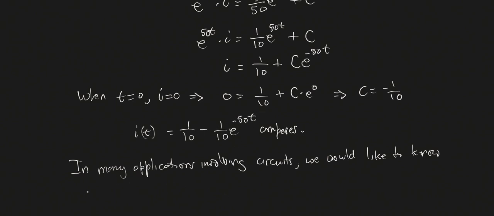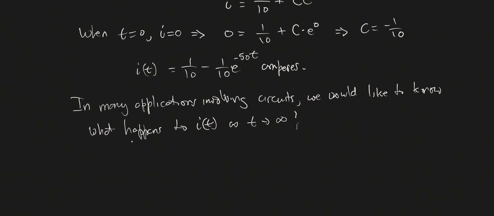We would like to know what happens to I of t as t goes to positive infinity. This is basically saying, if you left that switch on in your circuit for a long period of time, what would your current end up being?